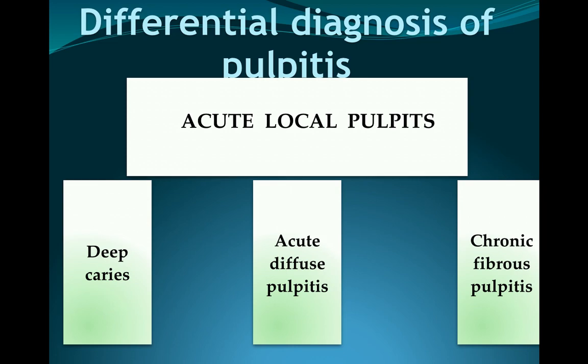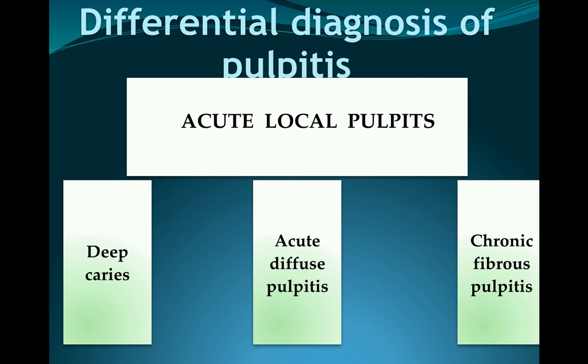Acute local pulpitis we should differentiate from chronic fibrous pulpitis. The same signs: on acute local pulpitis or on chronic fibrous pulpitis, pain arises after influence of all irritants, especially thermical irritants, or hot or cold temperature, changes of temperature.